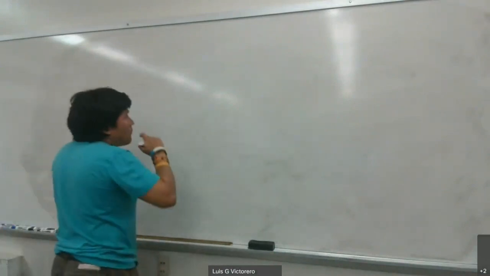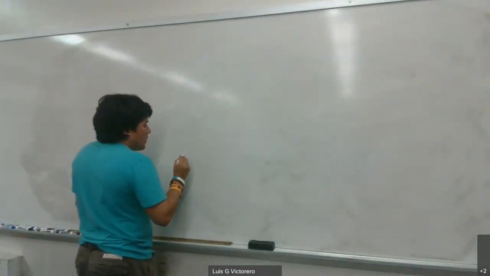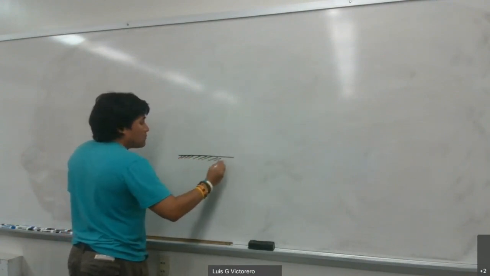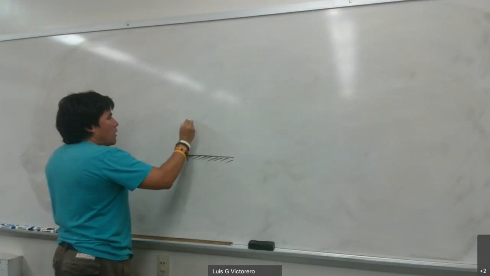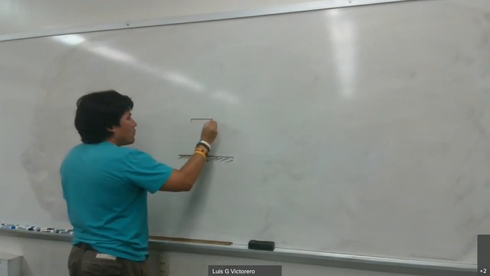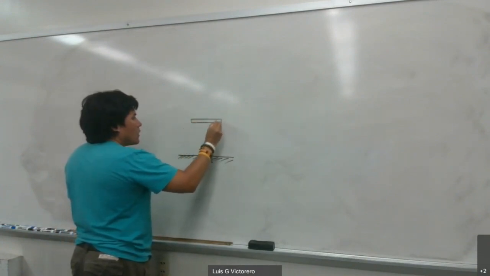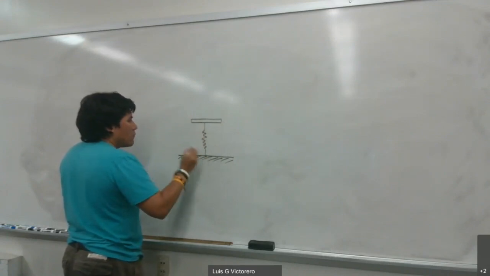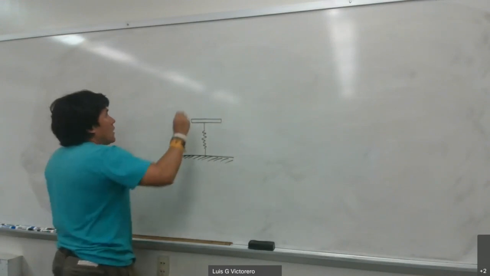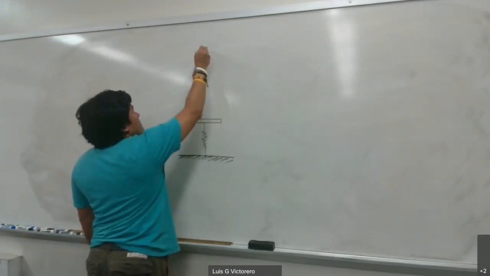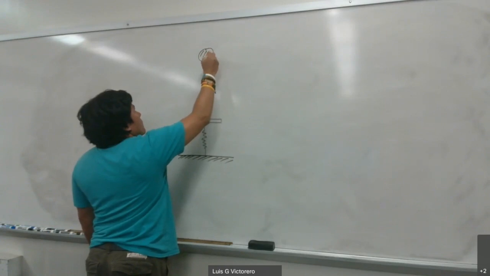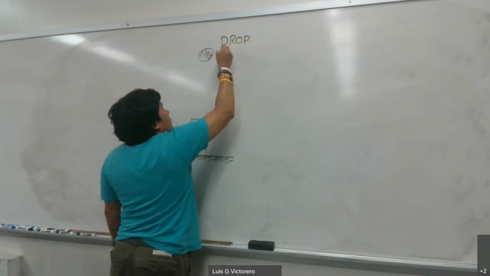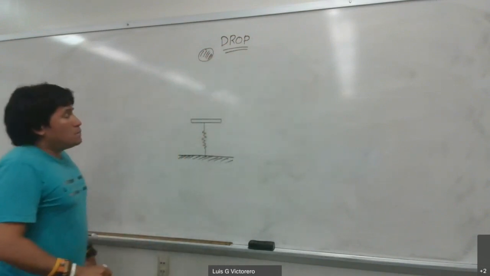So a typical problem with a spring is this. You have the ground, and you're going to have a platform attached to a spring. And you're going to have a mass that you're going to drop. When you drop it, the initial speed is 0.